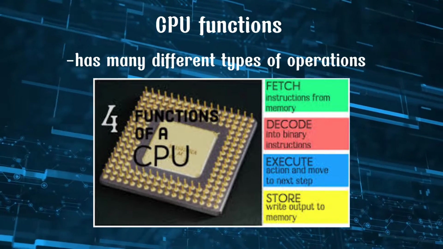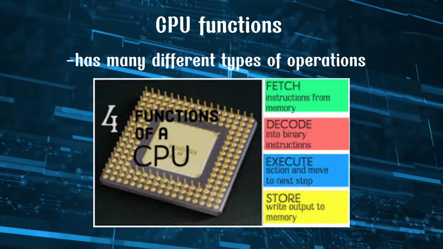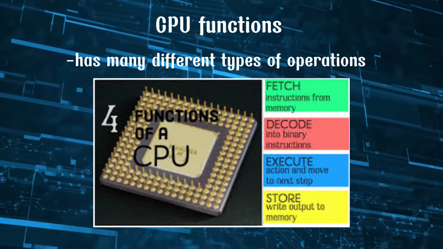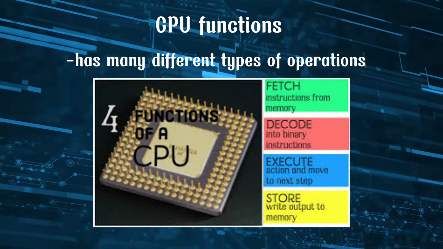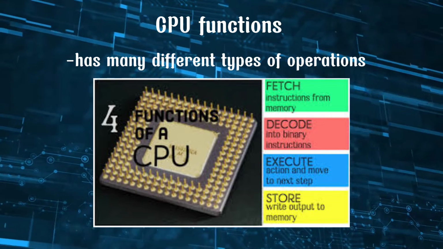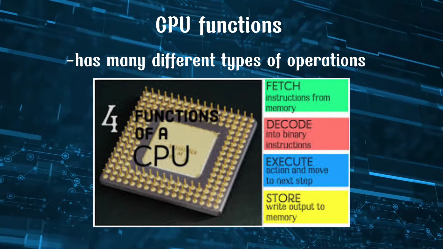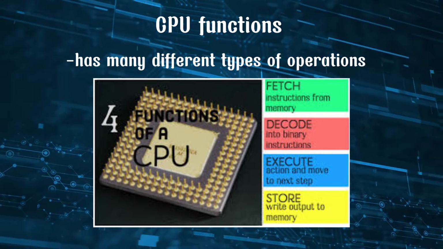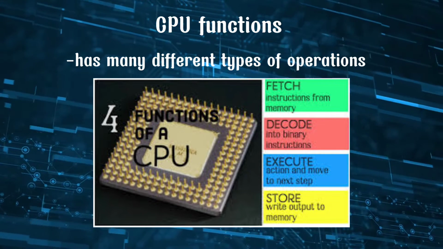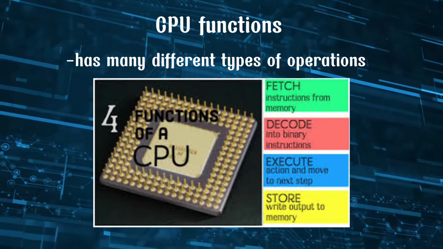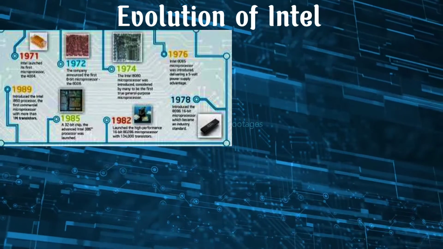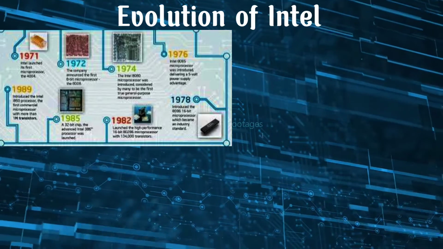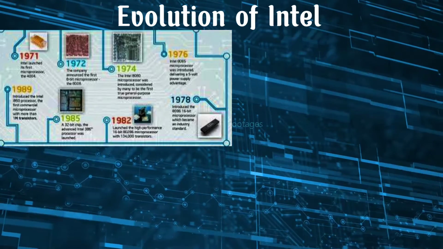The CPU functions as many different types of operations, where the first one is fetch, decode, execute, and store. Fetching instructions from the memory, decoding the instructions, executing the instructions, and lastly storing results back in the memory. The evolution of Intel was first released in 1971, which is the Intel 4004.